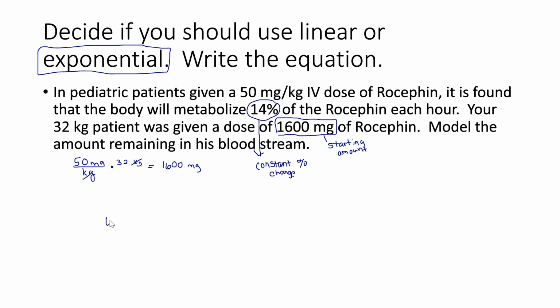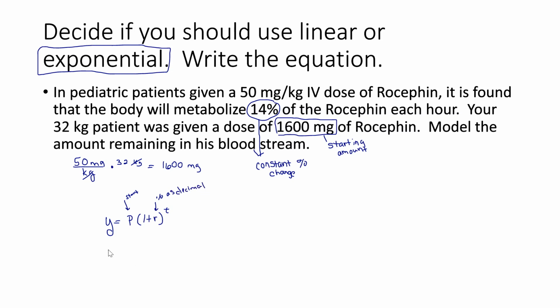My notes tell me my formula for that is y equals p times 1 plus r to the t power. In that formula, I know that p is the start, and r is the percent as a decimal. So I'm going to fill in the values that I have been given.